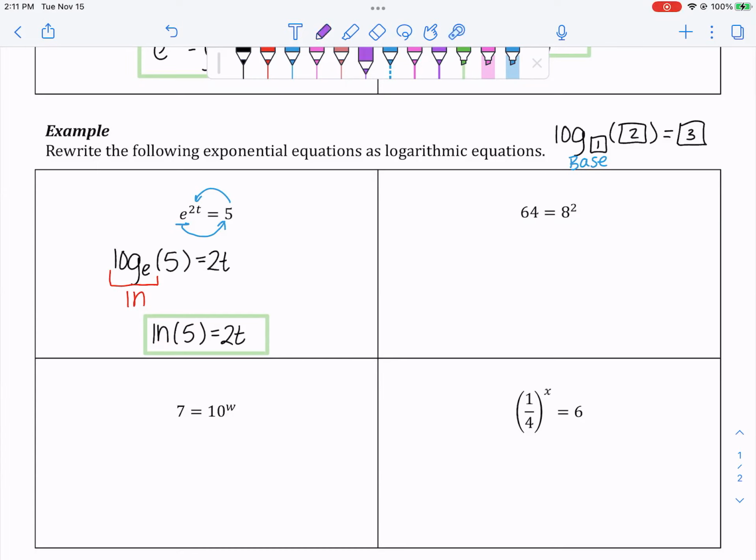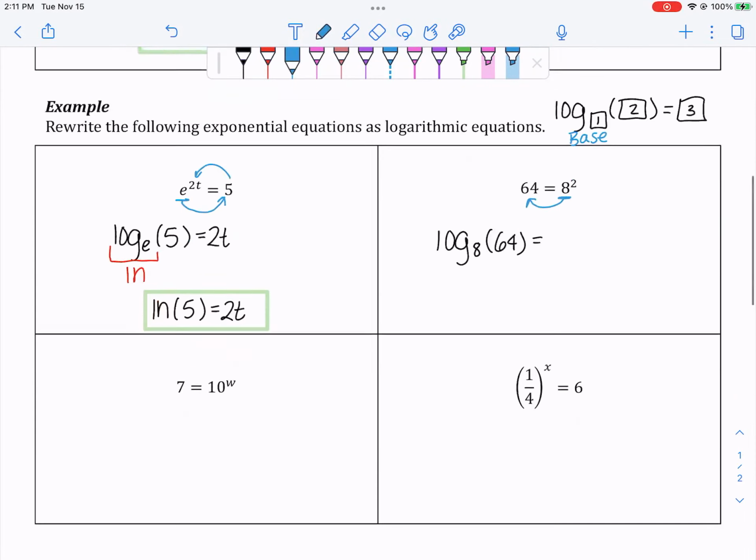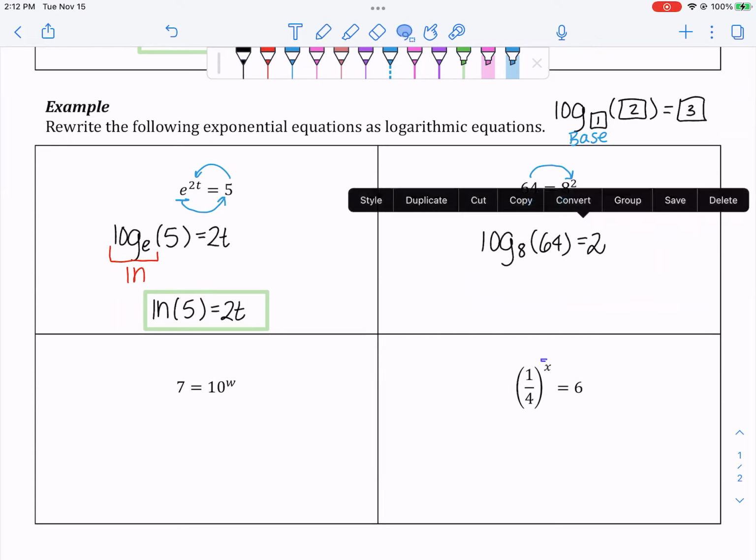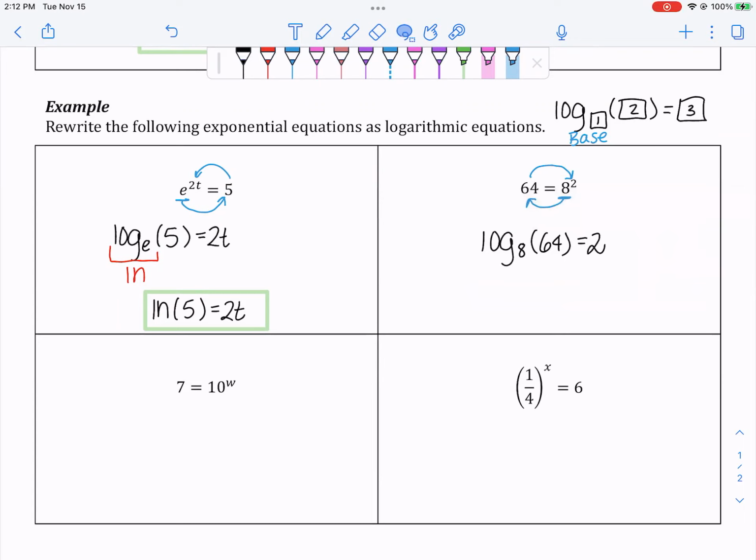Over here, we start at the base. The base is 8, so we have log base 8 of, across the equal, 64 is equal to, and then back again, is equal to 2. Bam.